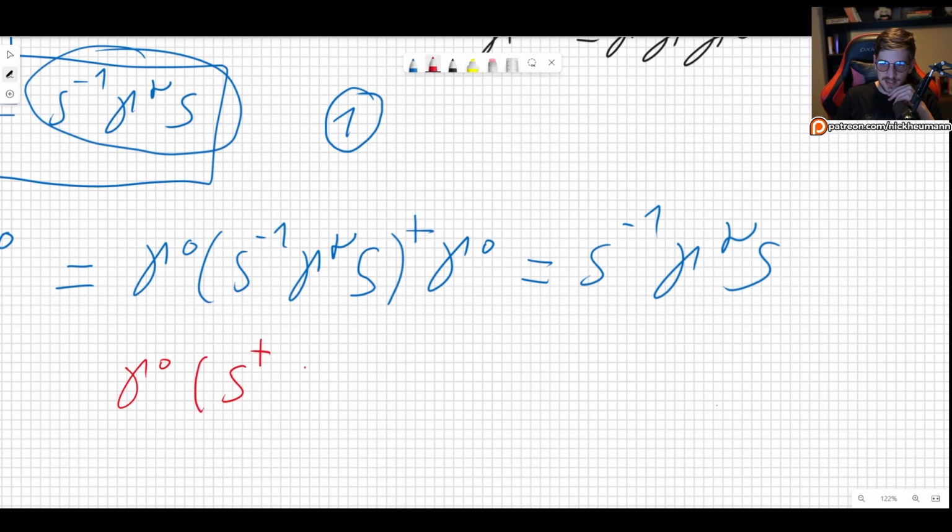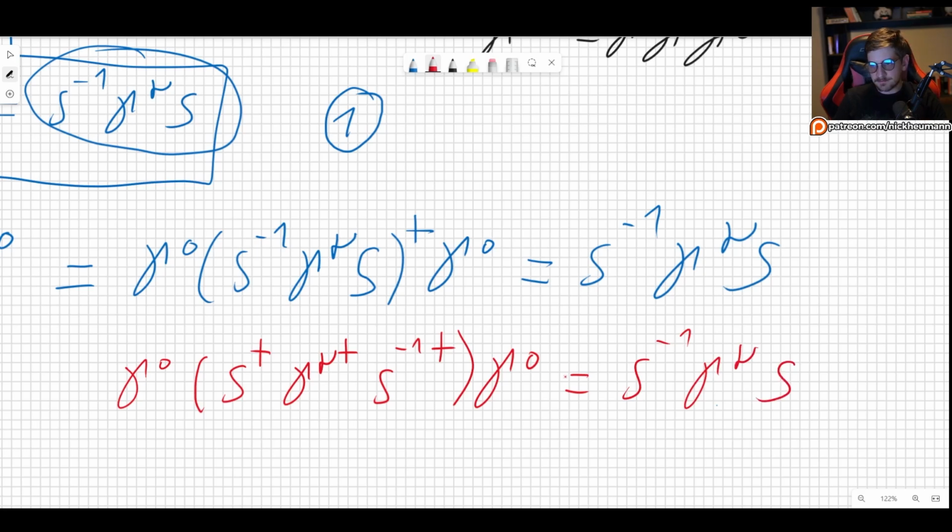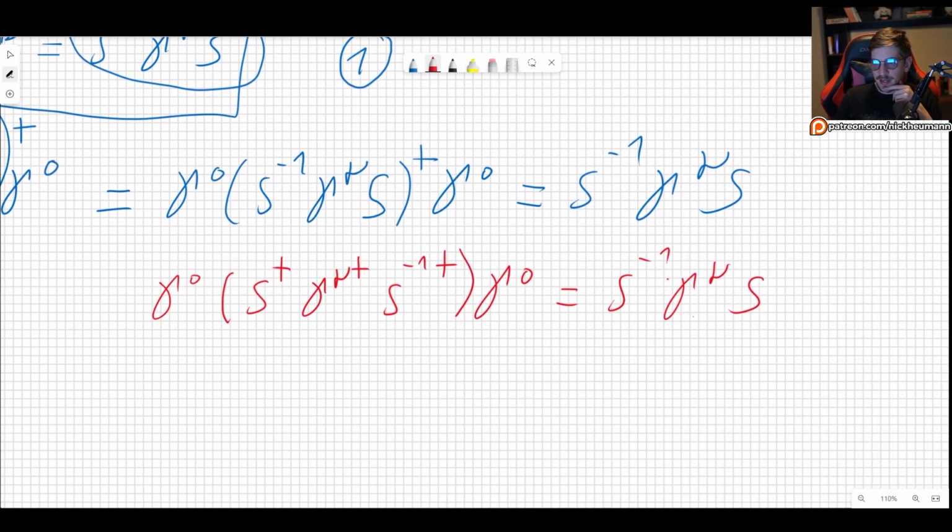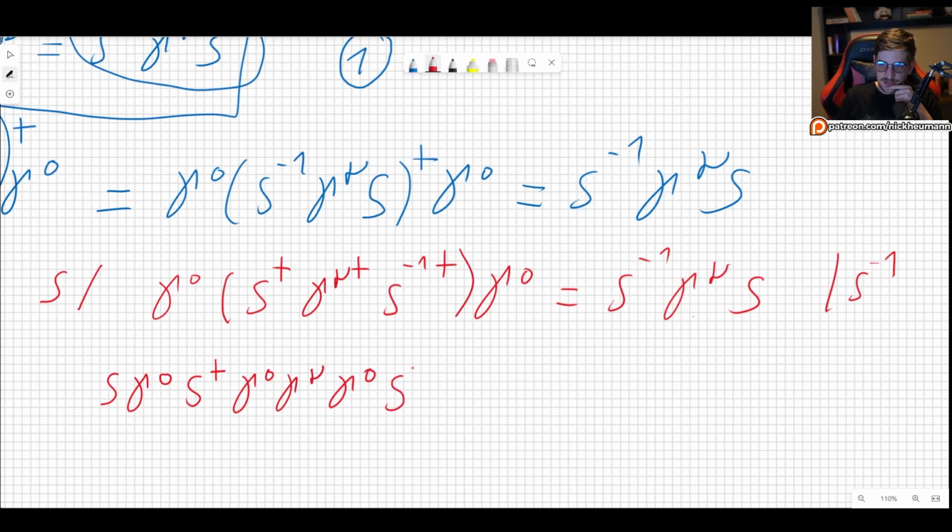So we get S dagger gamma mu dagger S to the minus 1 dagger, and then still gamma 0, and S to the minus 1 gamma mu S. So let's now multiply from the right with S to the minus 1, and from the left with S. That way we get S gamma 0, S dagger, gamma 0, gamma mu, gamma 0, and then we have S to the minus 1 dagger, gamma 0, and then we have S to the minus 1.